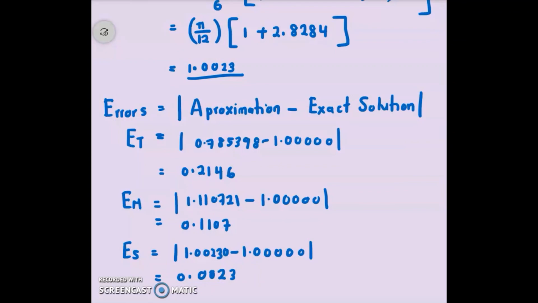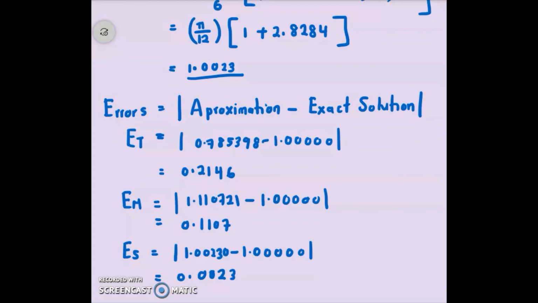Now we can see that by comparing the numerical errors, Simpson's rule gives the smallest error. Obviously this is true because Simpson's rule is order 4, so it should give a result closer to the exact than the trapezoidal and midpoint rule.